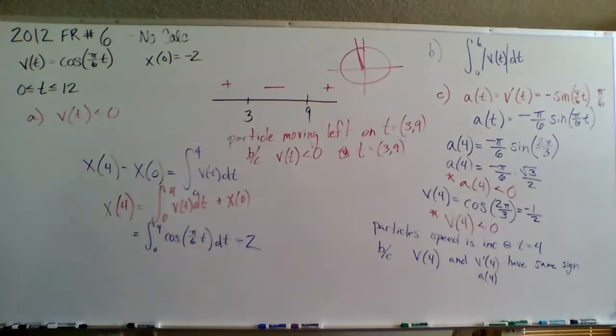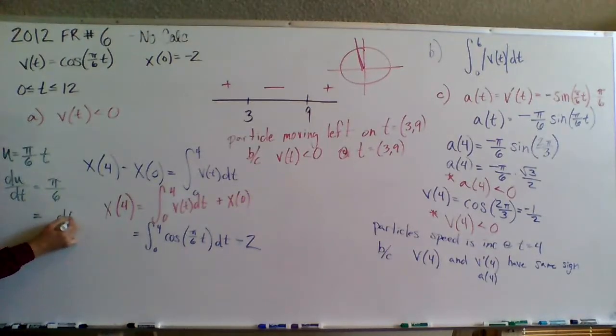So we'll pick a different color. u is going to equal pi over 6 t, which means du dt equals pi over 6. I always like solving for dt, so I'm going to multiply by dt on both sides. To get rid of the pi over 6, I'm going to multiply by 6 over pi. So 6 over pi du is going to equal dt.